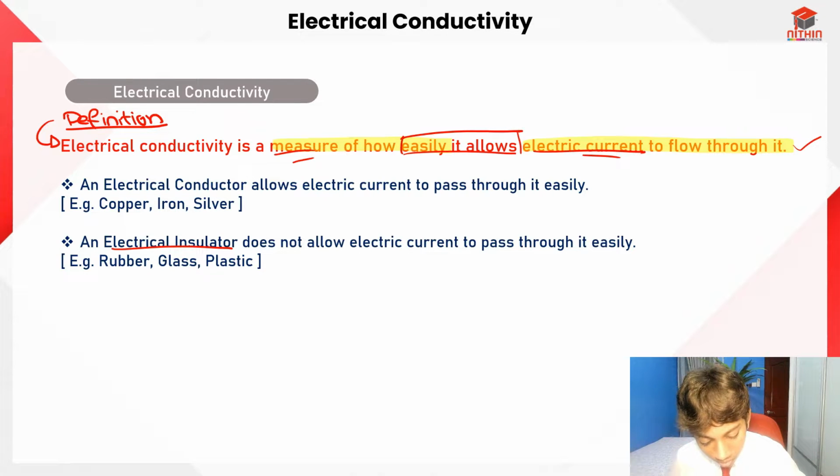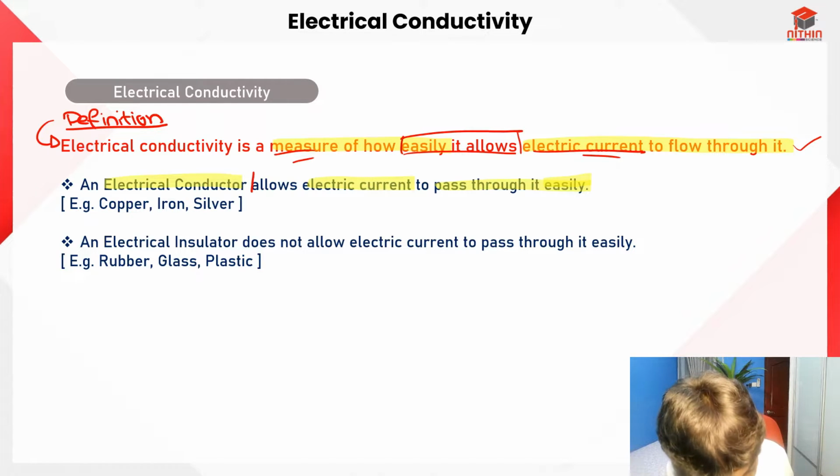So let's take a look at it. An electrical conductor allows electric current to pass through it easily. Let me just box allows up. So an electrical conductor allows electric current to pass through it easily.